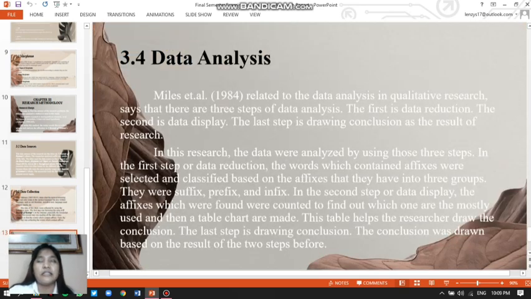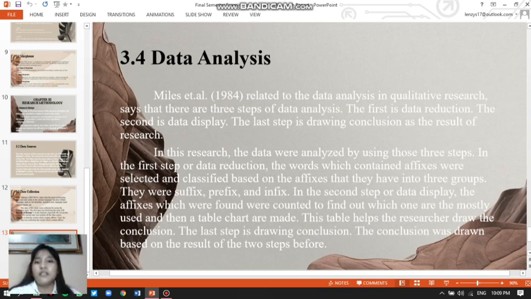3.4, Data analysis. Miles et al., 1984, related to the data analysis in research, say that there are three steps of data analysis. The first is data reduction. The second is data display. The last is drawing conclusion as the result.